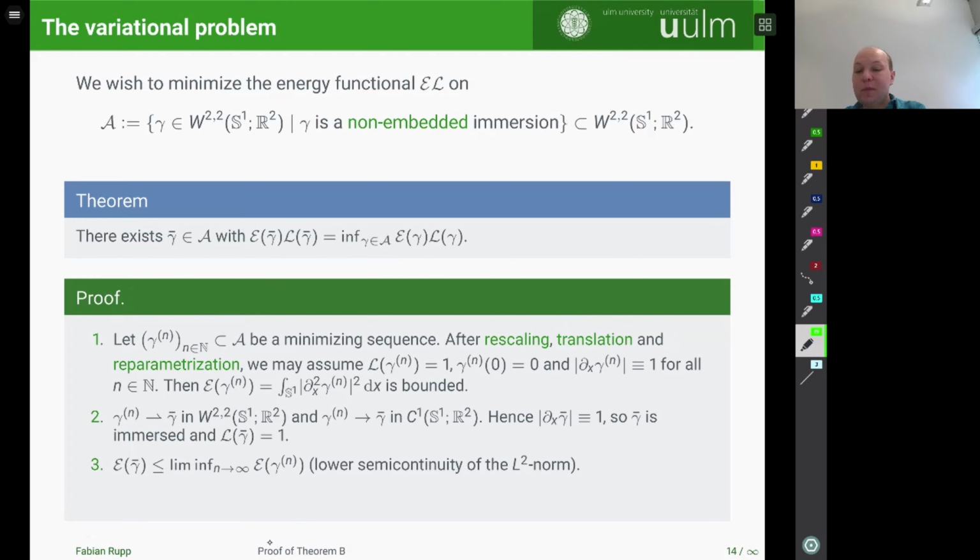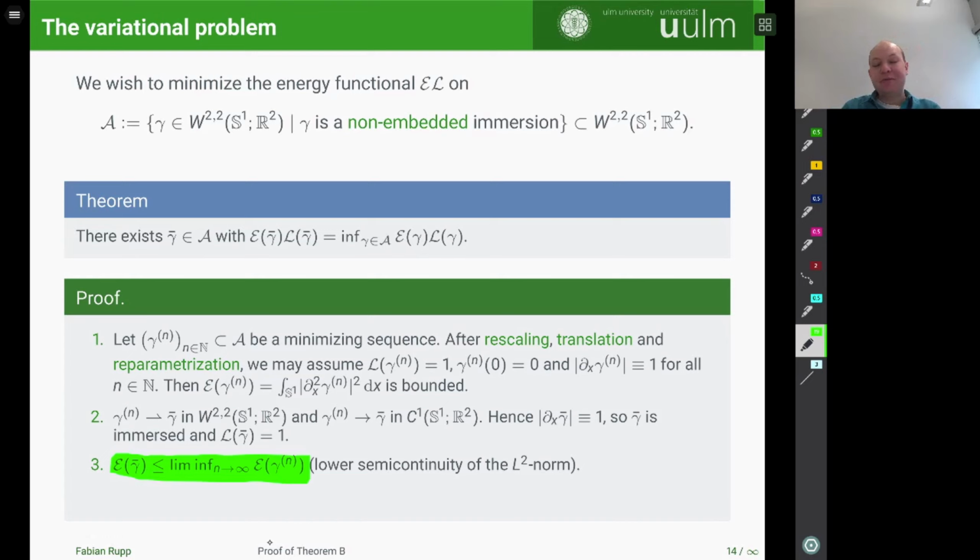So we have that the elastic energy of the limit gamma bar can only be smaller than the lim inf of the energy of the sequence, right? But this lim inf on the right side here converges to the infimum in the minimization problem. So this means that the energy E times L evaluated at gamma bar is minimal.